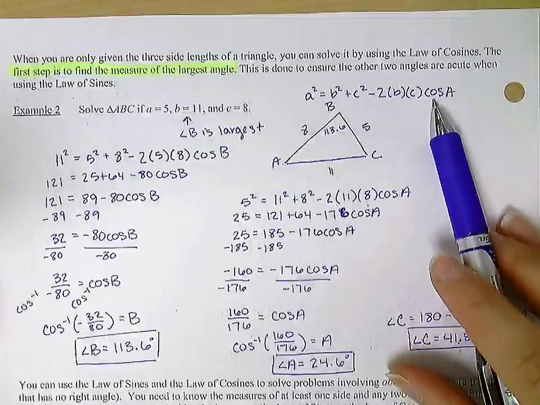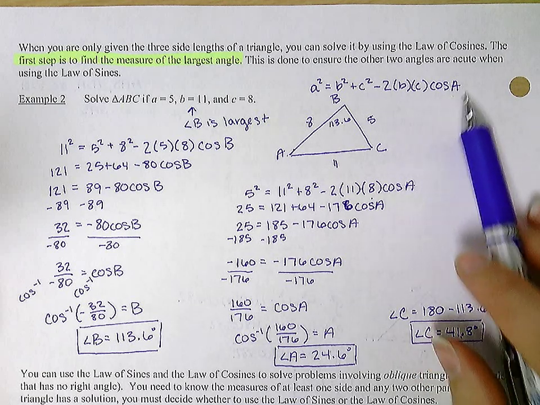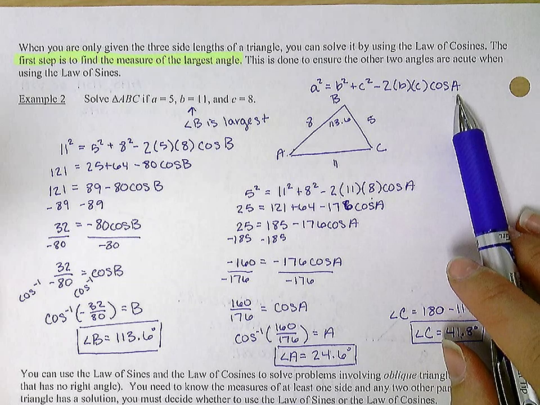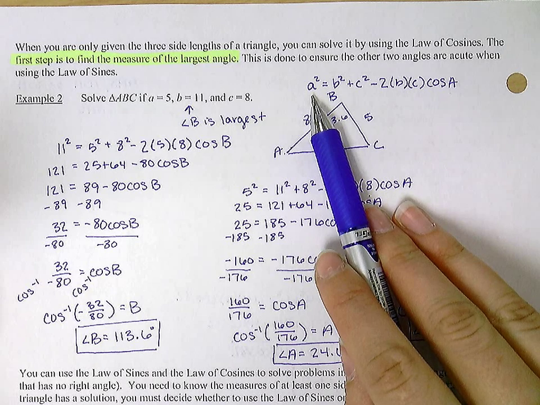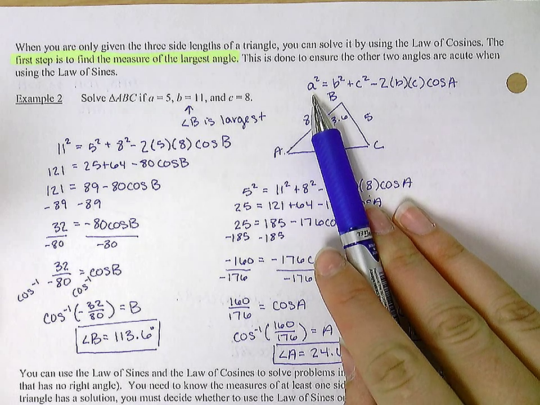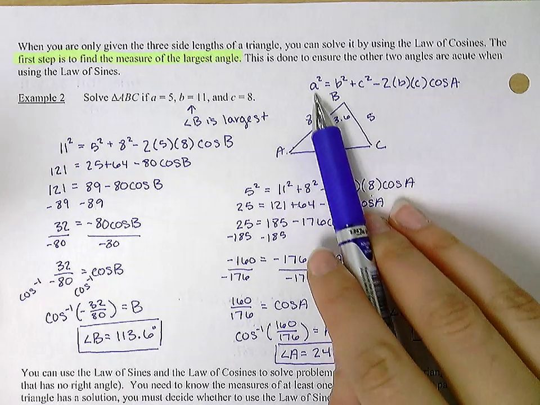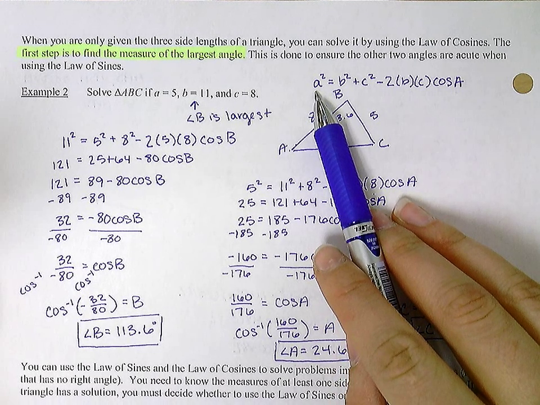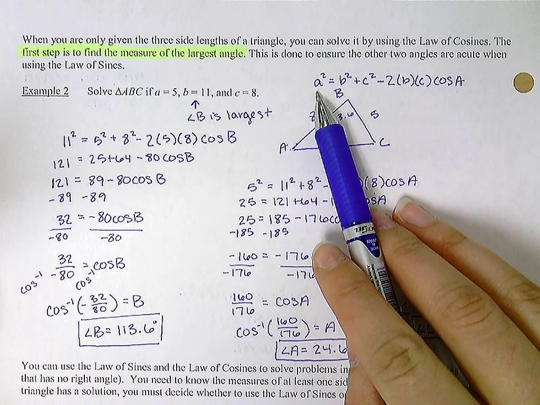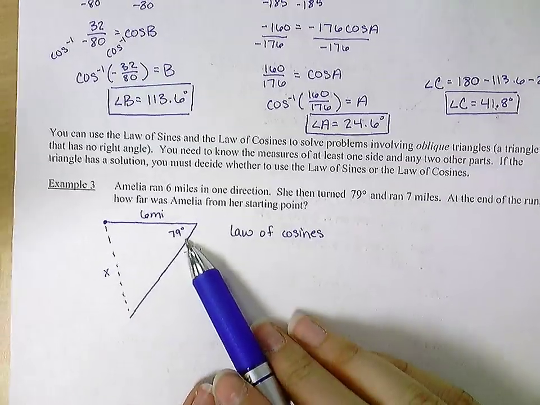Using our law of cosines, we take the angle we're given, 79. That's what goes in the capital A spot. 79 degrees is your capital A, that's your angle.